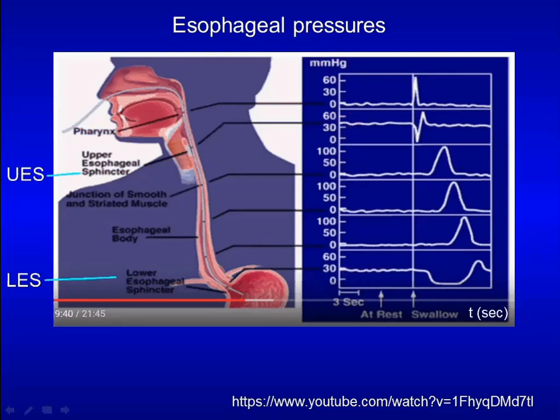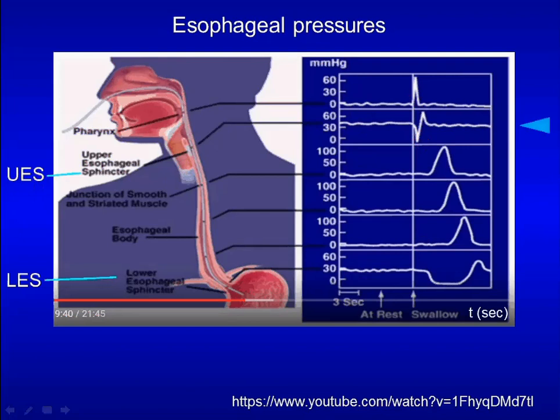When food enters the pharynx, there is a spike in pressure in the pharynx. At this moment, due to receptive relaxation, the upper esophageal sphincter relaxes. The pressure spikes lower. The food enters the esophagus.